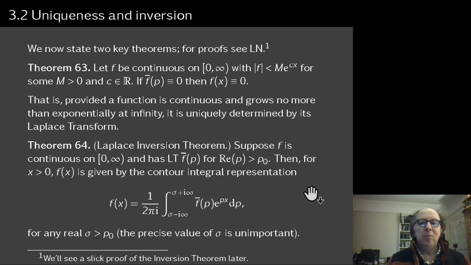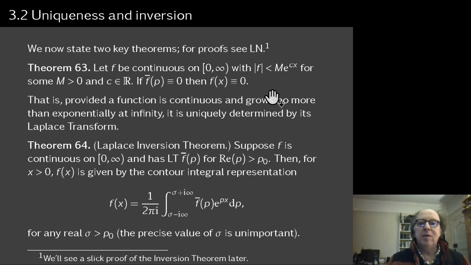Okay, so now we're going to move on, and we're going to state two absolutely key theorems about determining a function from the Laplace transform. The first one says if f is continuous and doesn't grow more than exponentially, then if its transform is 0, then f is 0.